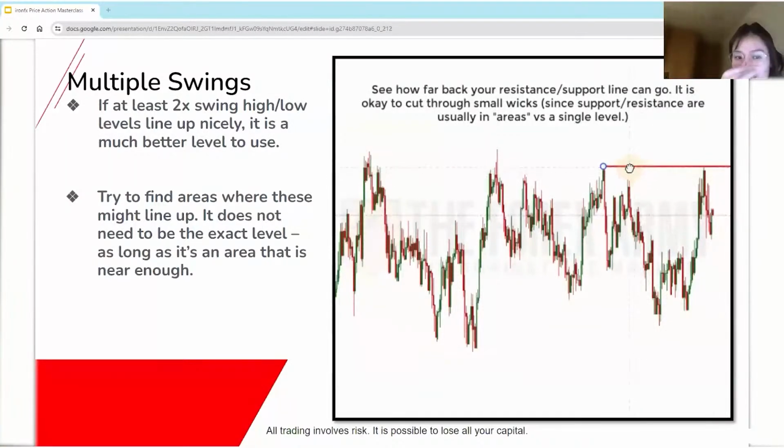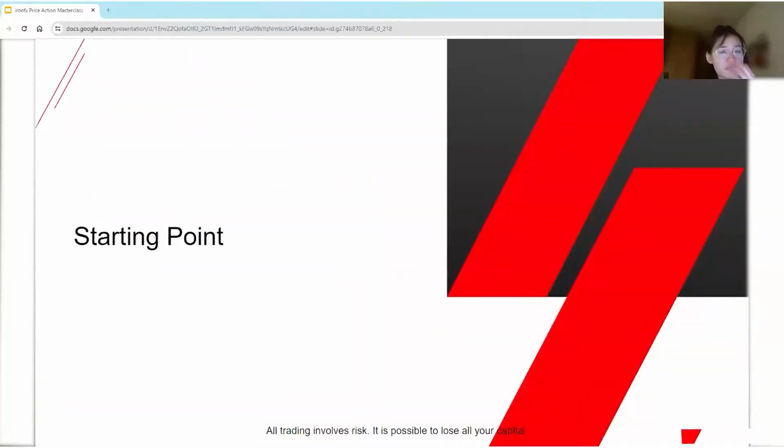If there are at least two swing high or low levels that line up nicely, it's a much better level to use. So that's why we want to try and find levels where these might line up. It doesn't have to be exactly at the same level as long as it's near, that's good enough.